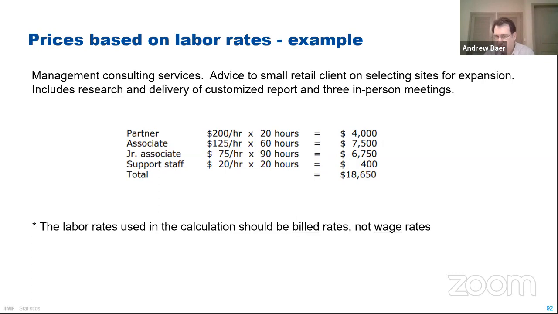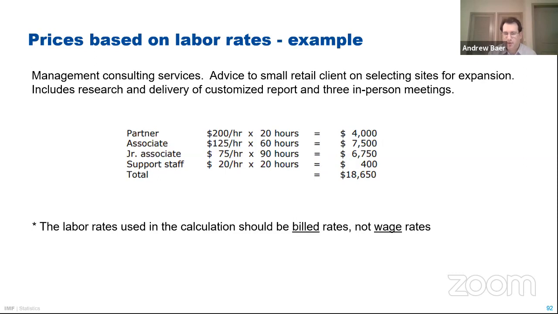An associate will bill 60 hours at a rate of $125 per hour, and then continuing on with the junior associate and the support staff. The final price is the total of the rate per hour times the number of hours for each of the professionals that bill their time for this service.